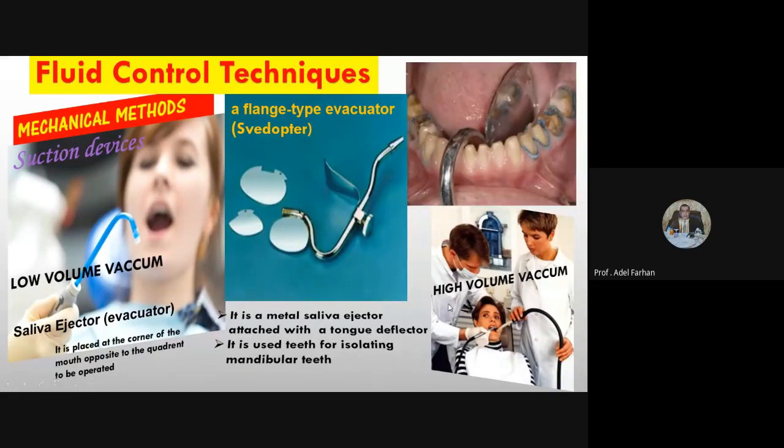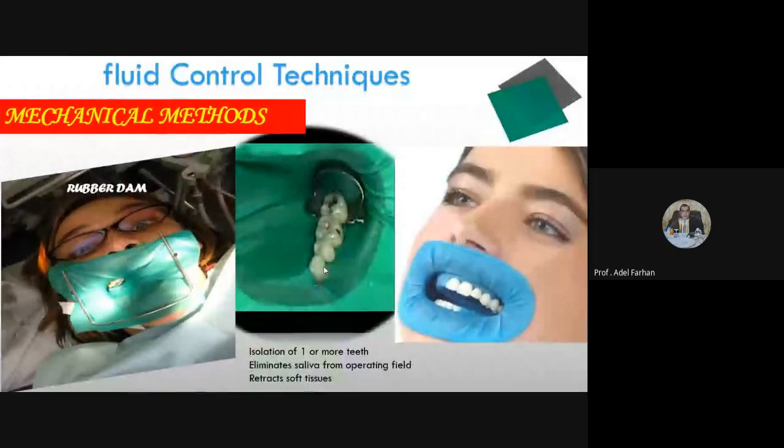When the flow is at a high rate, sometimes you need a high volume vacuum to control the fluid during your work. طبعا fluid control it is during your work بالturbine and even during the restoration procedure you have to control fluid, as we say, to improve the quality of the material used.